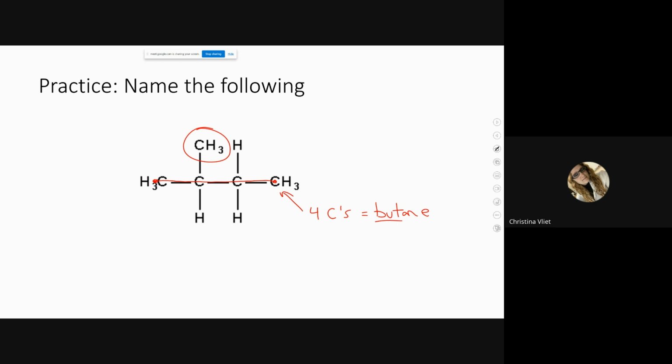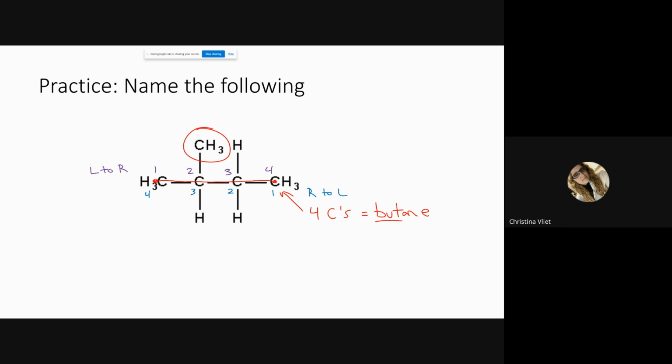Your options are left to right, 1, 2, 3, 4. And the other option would be right to left, 1, 2, 3, 4. Which is the correct way to go? Right to left or left to right?